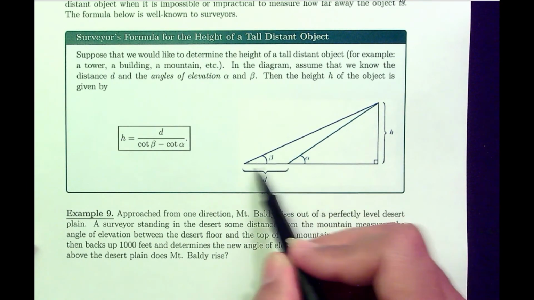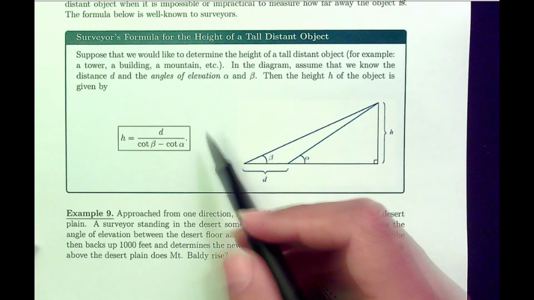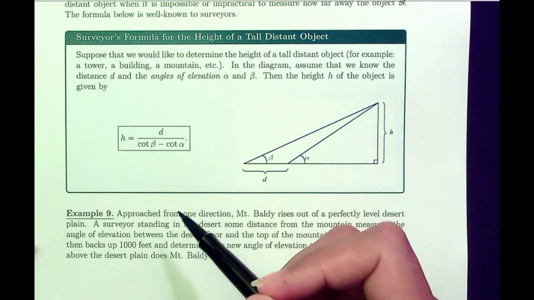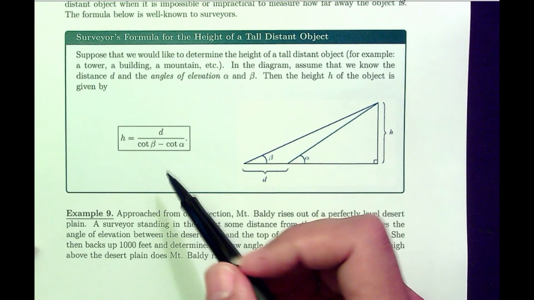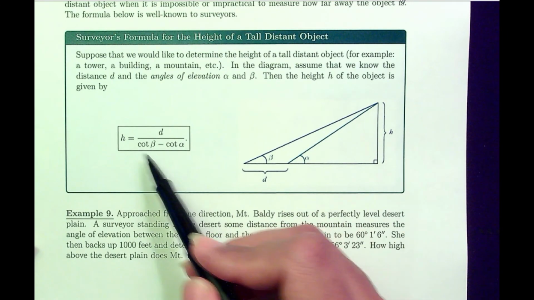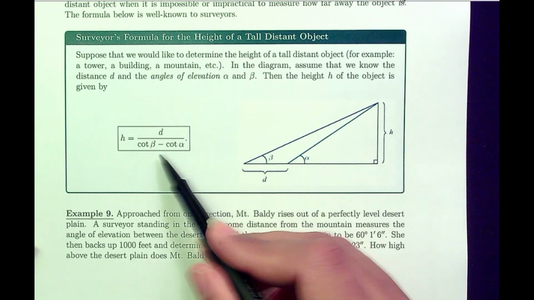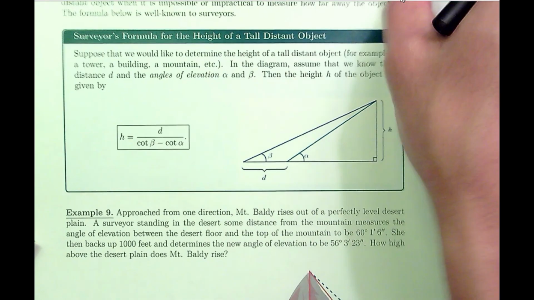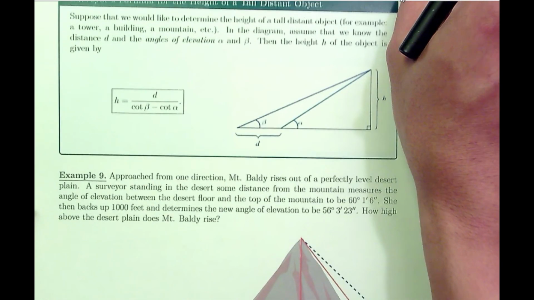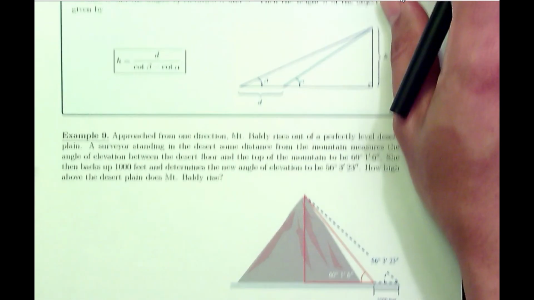So once you know this distance d and these two angles, you can use this formula to figure out the height of the object. And the height is given by d, the distance, divided by the cotangent of beta, which is this angle right here, minus the cotangent of alpha. Beta is an angle that is smaller than alpha. Alpha is the bigger angle of the two.